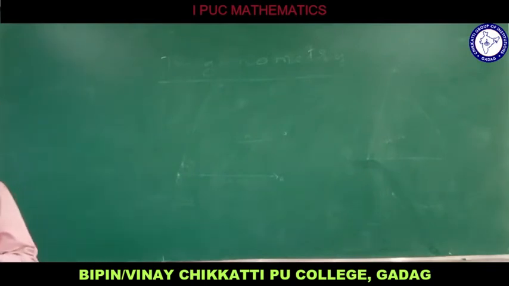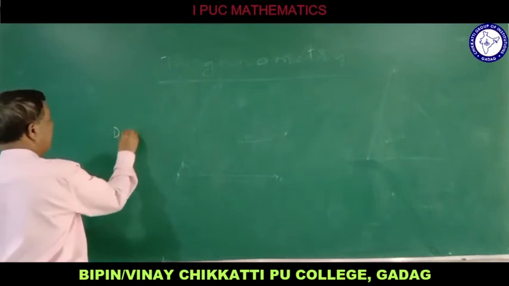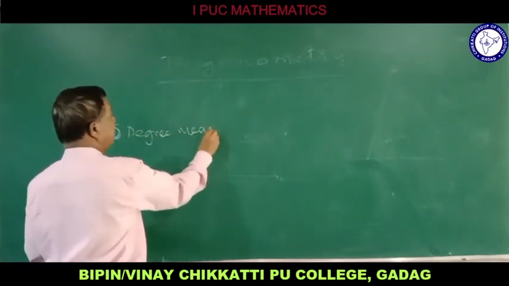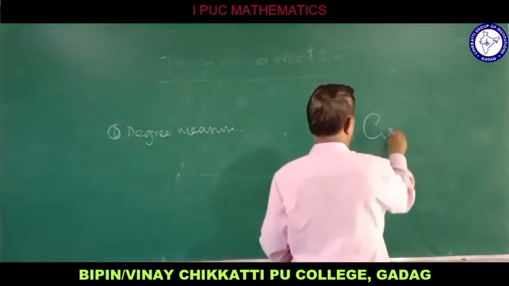First, the sexagesimal system is called degree measure, and the second one is called circular measure.